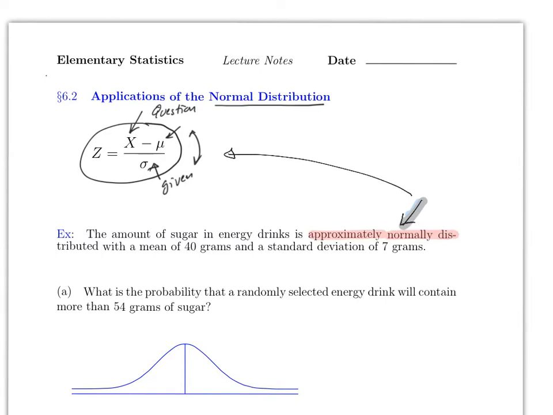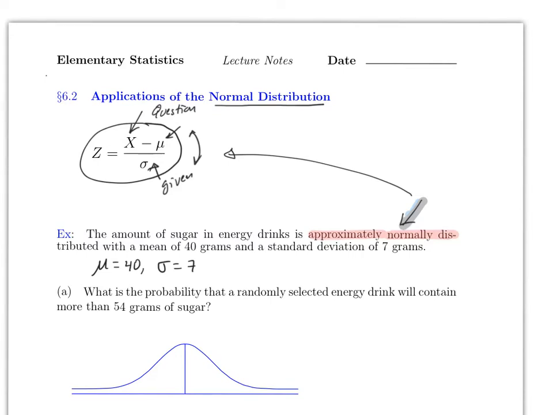Here in this example, it says the amount of sugar is normal, the mean is equal to 40, and the standard deviation is equal to 7. Like I told you before, these two values should be given.